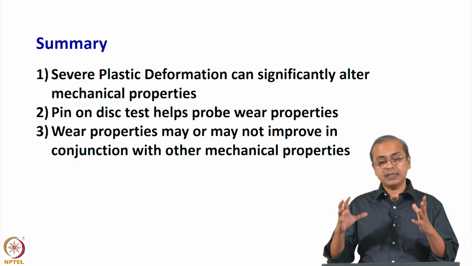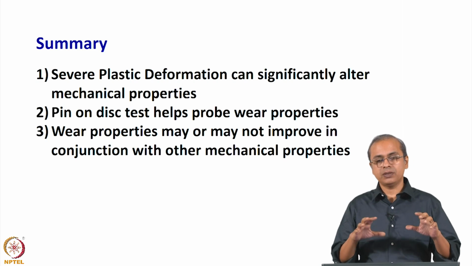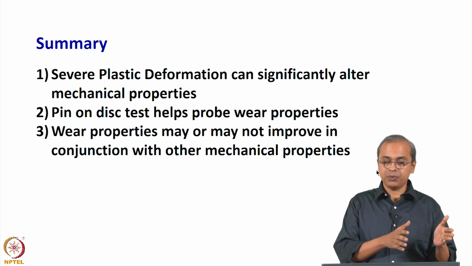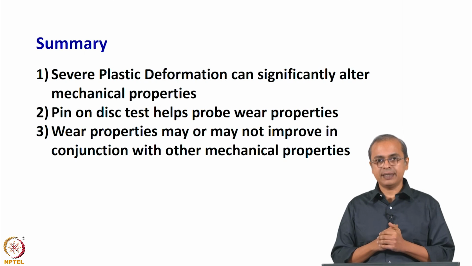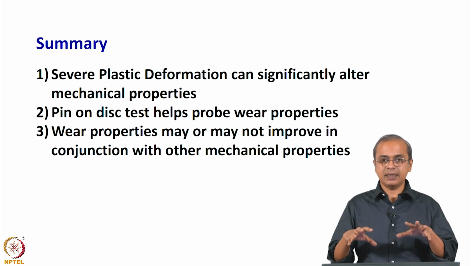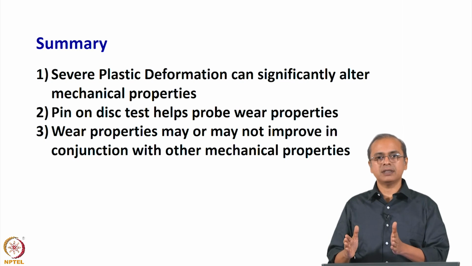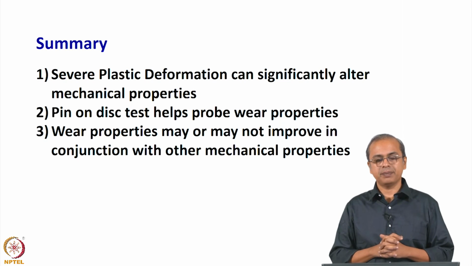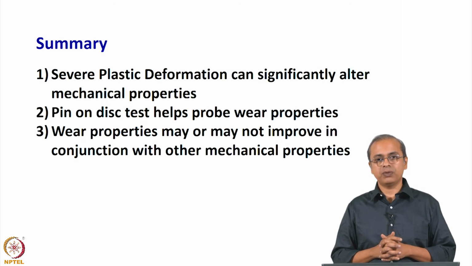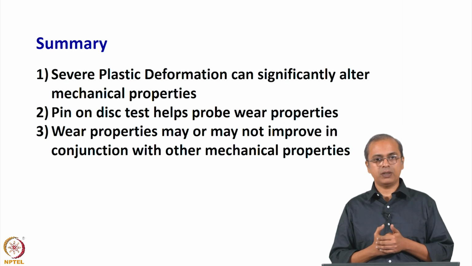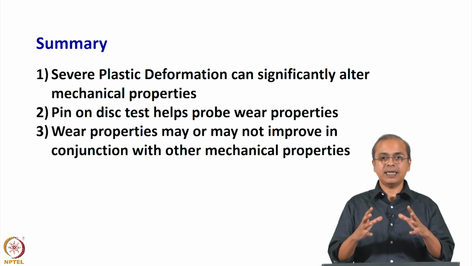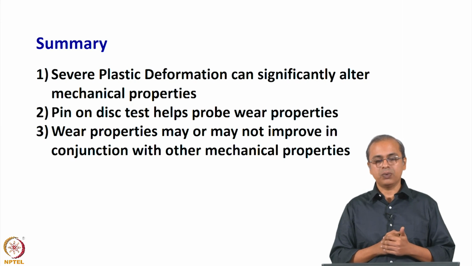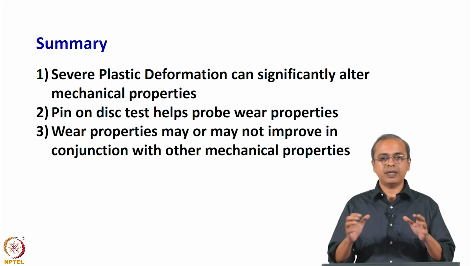So, we need to understand the interplay between these properties to fully understand why it has improved in some cases and why it has not improved in other cases. I also drew your attention to some references where these are discussed in significant detail for specific systems, while we have presented some general trends. They are specific to their systems, and they give you the data with respect to those systems, and that is a nice insight into how this can be looked at in a very scientific and thorough manner.